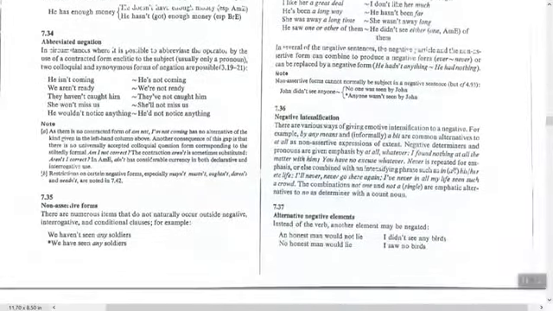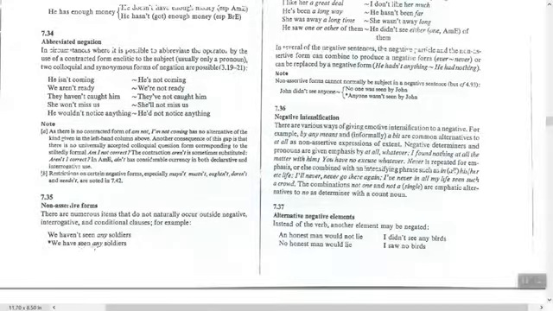It's very easy here. We come to a very important point, non-assertive forms. There are numerous items that do not naturally occur outside negative, interrogative, and conditional clauses.